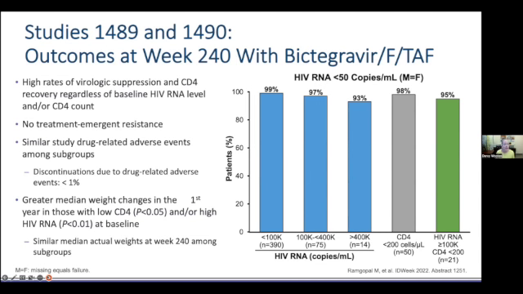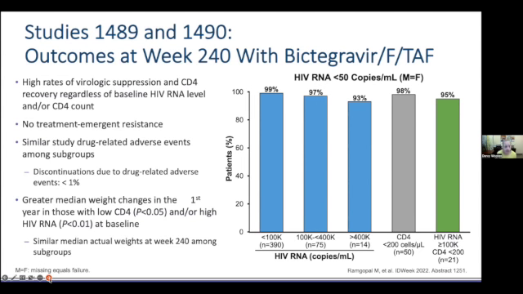The median actual weights at week 240 were similar among the different groups, regardless of baseline CD4 or HIV viral load. So it's reassuring that some of that initial weight gain starts to plateau and level off after that first year.